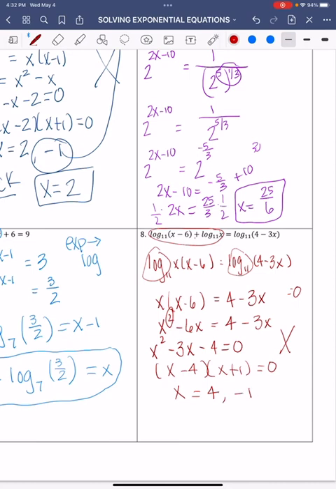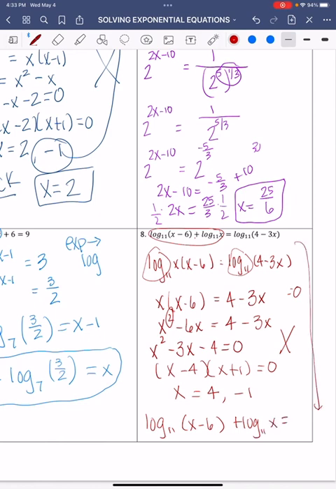Check. And neither one of these answers work. Neither one works. If you plug in, I'm just going to rewrite the original problem at the bottom here. I'm out of room.